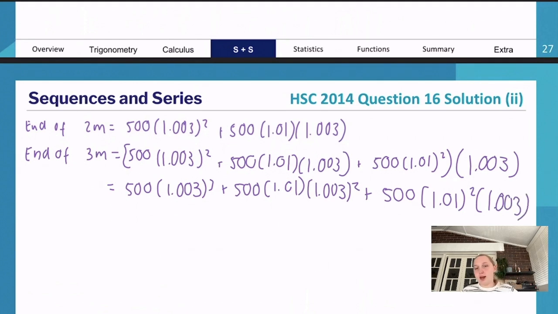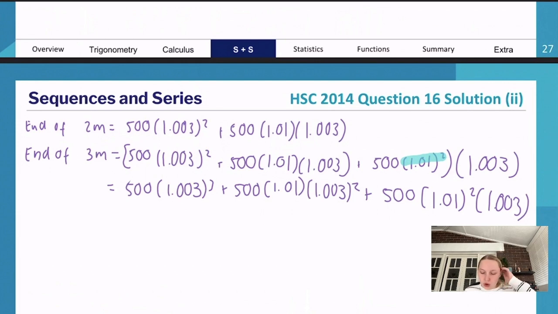Now, I think a lot of people get a little bit confused about why that's squared, but that's because this is the second time we're timesing it by that 1.01 on the initial $500 deposit.